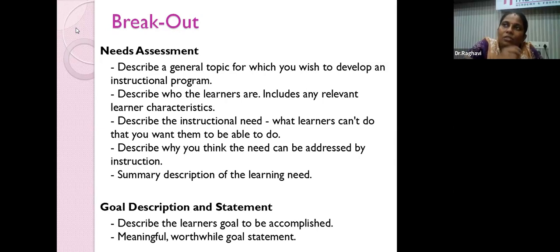Instead of telling that their need is verbal and non-verbal communication, the need should be that they are lacking in terms of words, their pronunciation, or the grammatical errors they make in the choice of words.